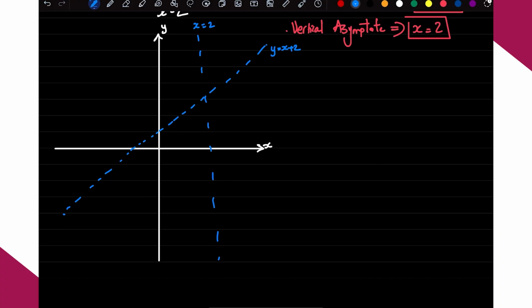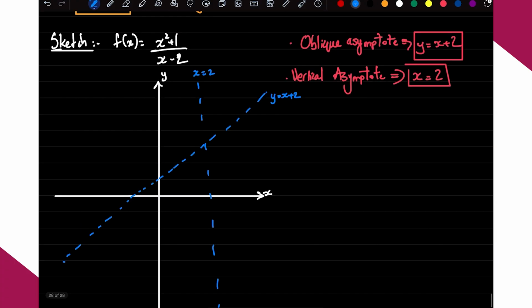Before we take a look at the behavior, we also need to find the intercepts. So let's go ahead and just do that. So we're going to go for intercepts. If we have x squared plus 1 equal to 0, so this is when y equal to 0, x squared is minus 1, and we have no real solution. So no x-intercept.